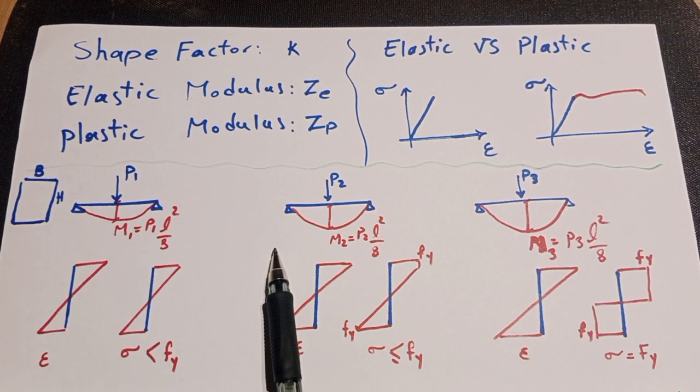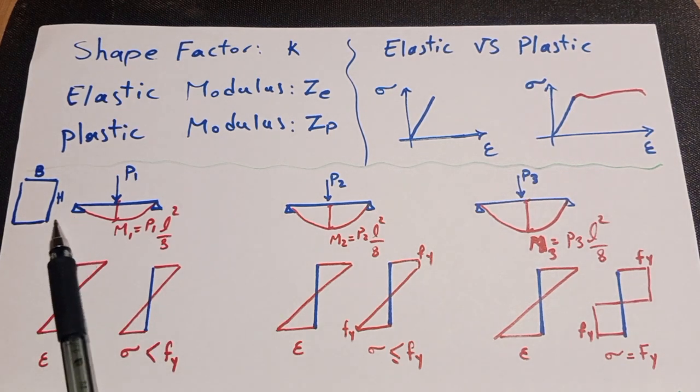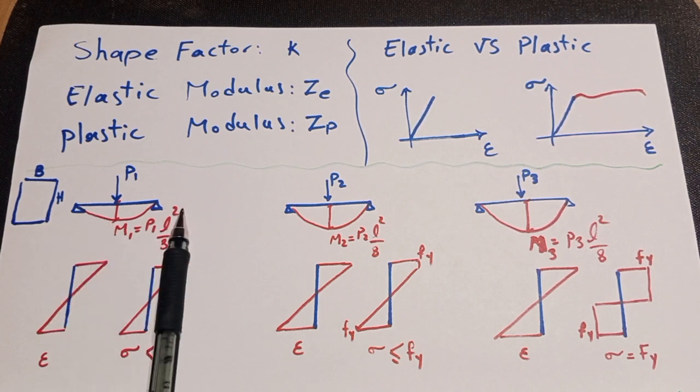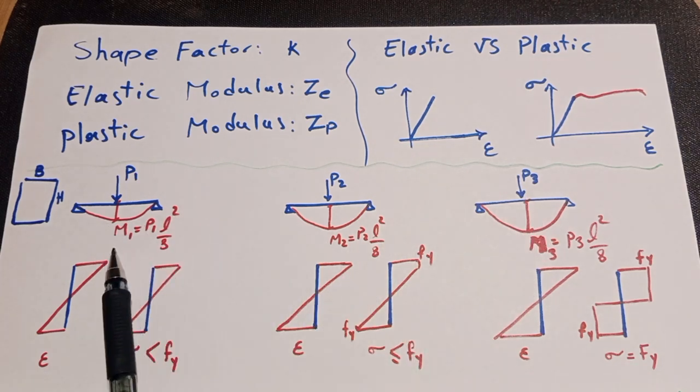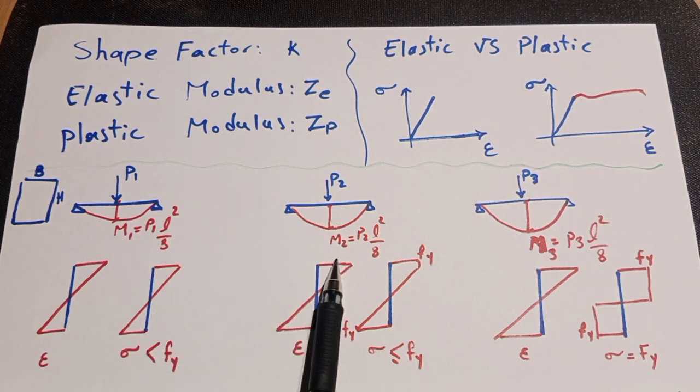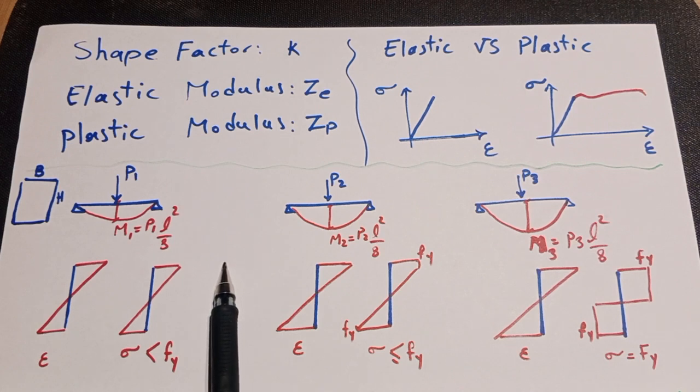Here, for simplicity, I have a rectangle section with B width and H depth. The beam is under P1, P2, P3, and we have bending moment M1, M2, and M3. We assume that P1 is the least and P3 is the max, and P2 is in the middle.